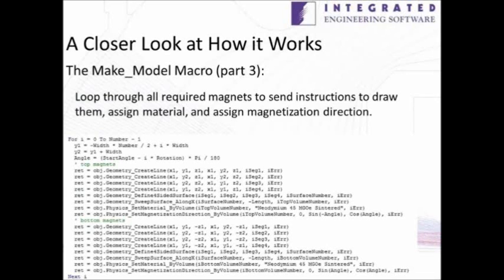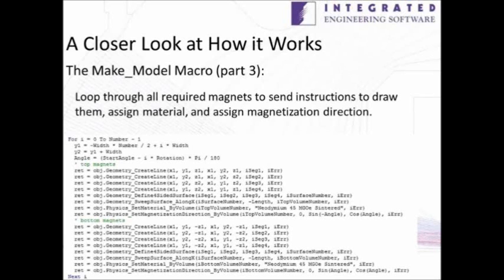We invoke a function in Ampere's from a command that looks like obj dot and then whatever command we want to call. So in this case, geometry create line, and then passing the parameters computed at the top of the for loop. We create 4 lines, then we define those 4 lines as a surface.